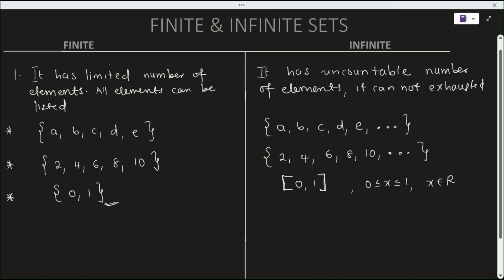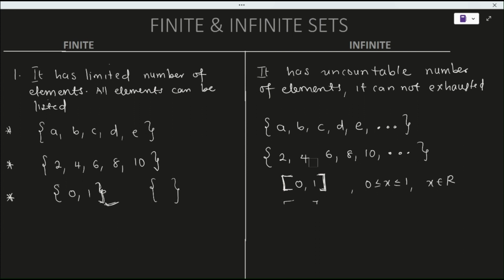So this is infinite, but you see here, the difference is that look at the bracket. This is braces, so braces is something like this, while this is a bracket, right? So get the difference. This is an interval. So here you have just 2 elements, 0 and 1. That is why it's finite.